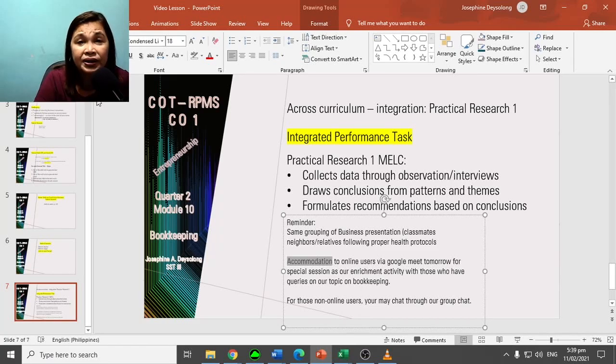And I think this is already stated in your weekly home learning plan. So please prepare a brochure for your research project or output. And at the back page is your projected income statement and costing.